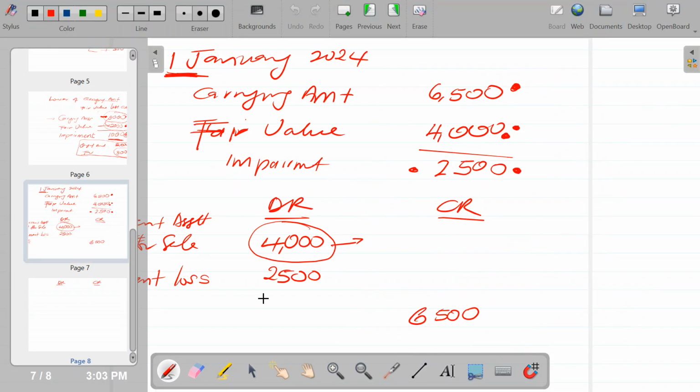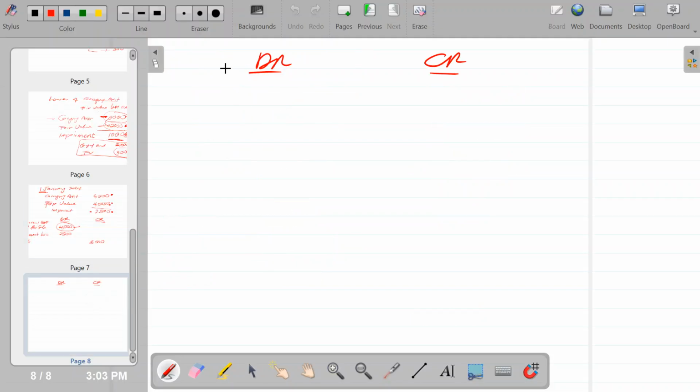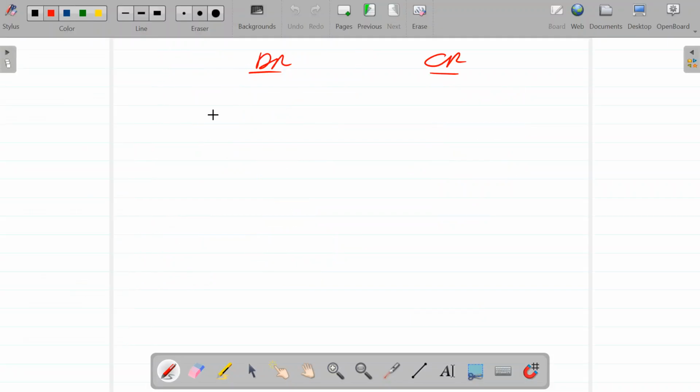So during the period, the fair value has increased from 4,000 to 5,000. So if the fair value has increased to 5,000, we have to debit.